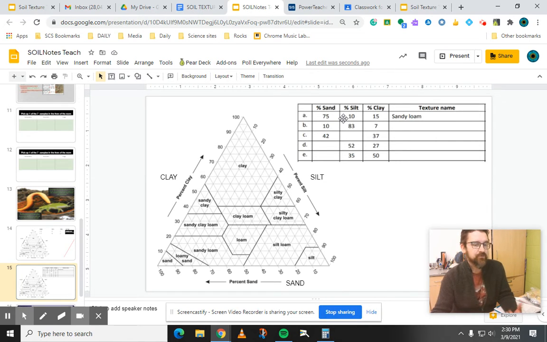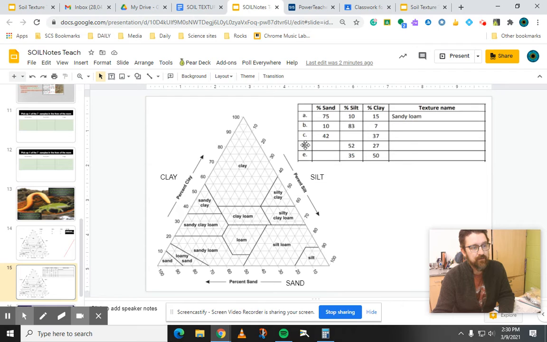So if I'm saying that soil sample has some percent of clay, some percent of silt, some percent of sand, then together those three parts should add up to 100%. So one thing you should know if you were listening in class is that the three numbers added together have to equal 100. So one thing you can do is use that to your advantage.